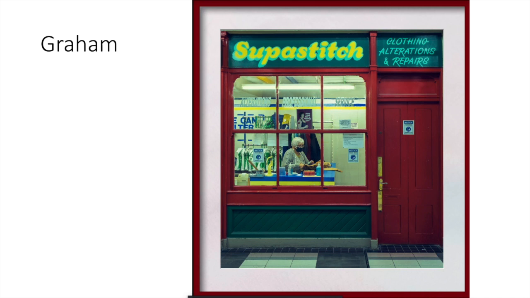So how would you present that, Graham? Would you like to have the frame within a mount, or would you just get rid of the frame? I actually wouldn't use this in the exhibition at all. I don't think it represents Newcastle. I put a frame around it just to show a different way of presenting an image.